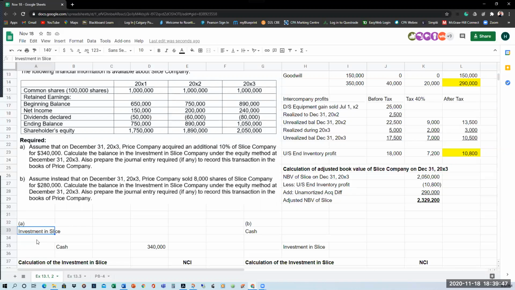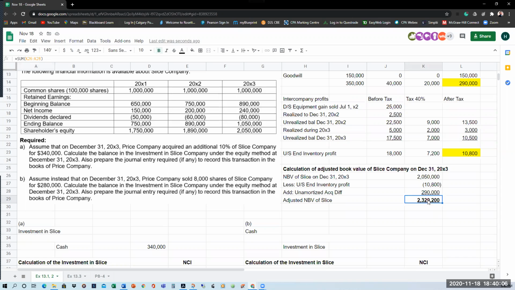Because Price already has control over Slice Company, we have to measure the value of this investment, this additional chunk that Price is buying.